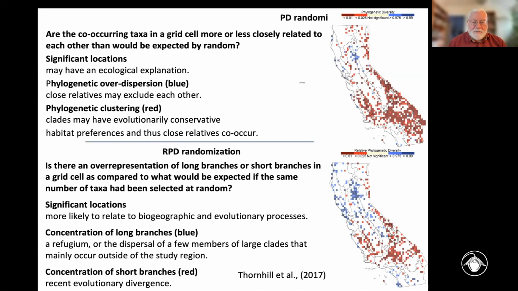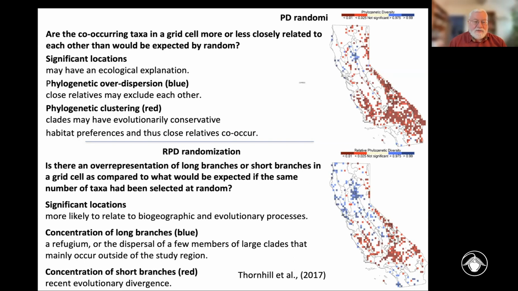And then at the bottom is this RPD randomization, which, remember, is a slightly different question. This is whether or not there are a lot of long branches or short branches in a grid cell. And this probably relates more to biogeographic and evolutionary processes than strictly ecological ones.